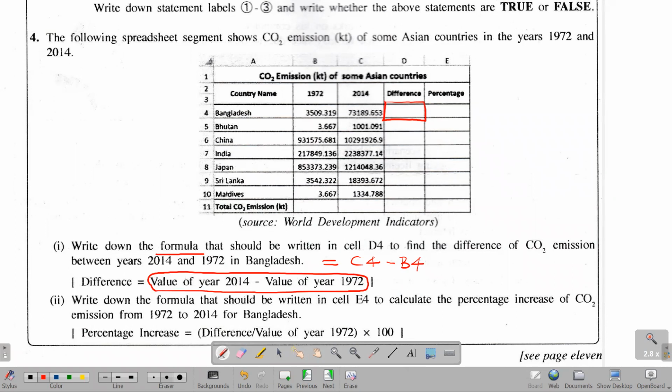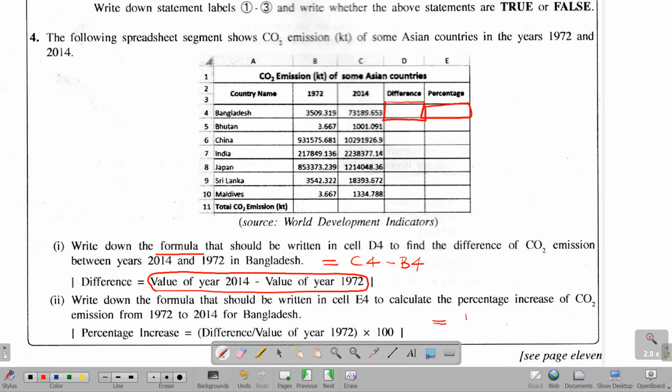And it is saying write down the formula that should be written in cell E4, that means over here, to calculate the percentage increase of CO2 emission from 1972 to 2014 for Bangladesh. The way that is being calculated is difference divided by value of year 1972 into 100. The difference is in D4.